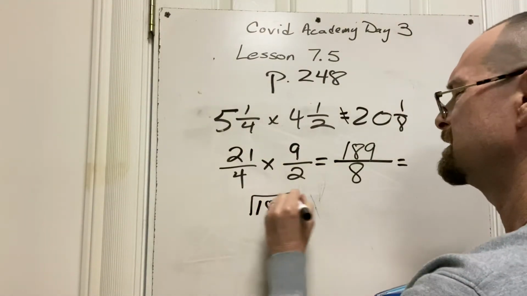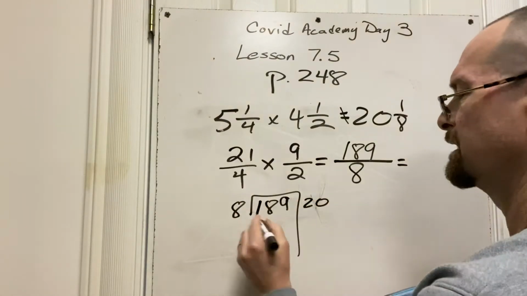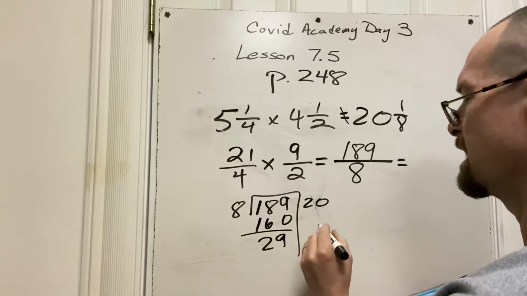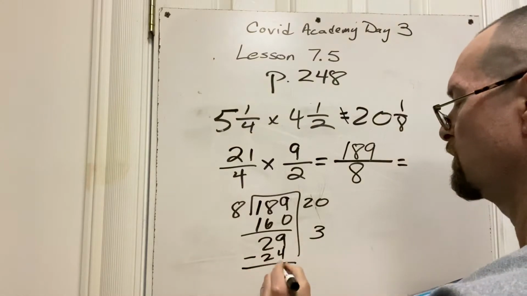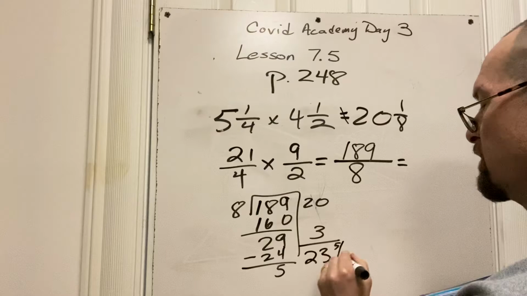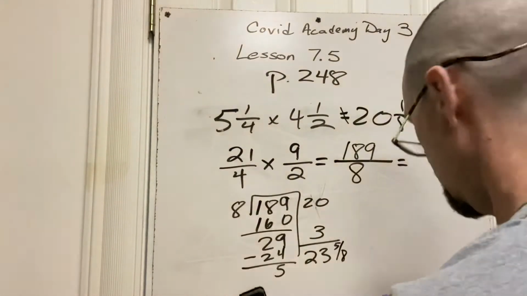You're going to make the kids do that? Let's do 20, 160. That gives us 29 left. 3 times 8 is 24, 5 more left. 23 and 5/8. There you go, 23 and 5/8 for number 1.